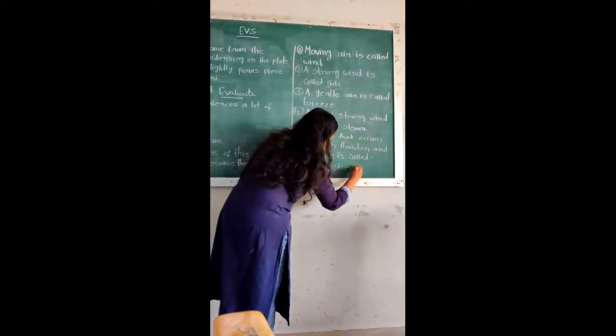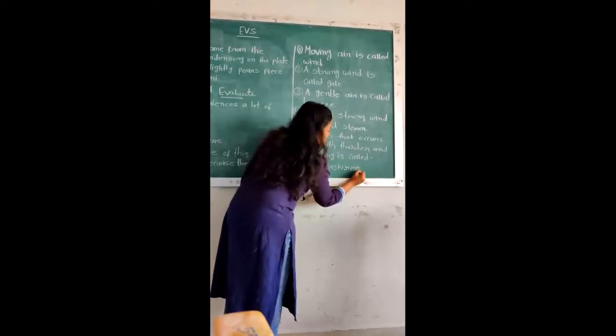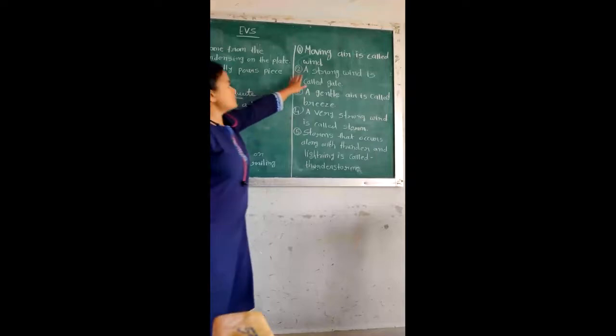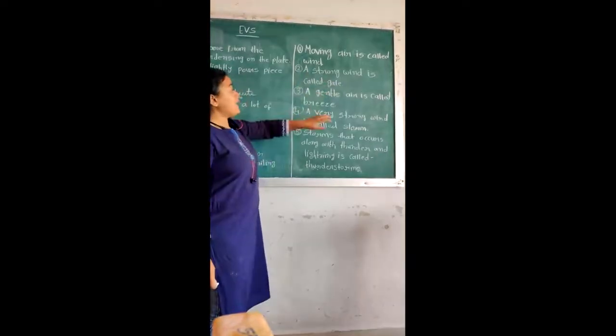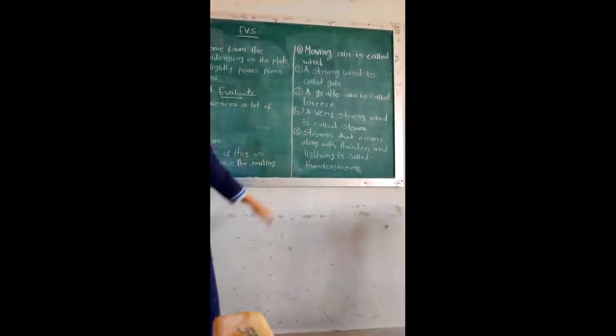Now students, remember, there is a little difference between gale and storm, right? What is gale? A strong wind is called gale and a very strong wind is called storm. Okay? Come on, complete this, students. Ma'am, my work is complete.